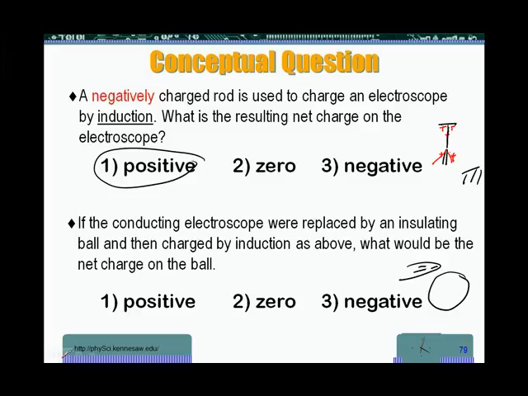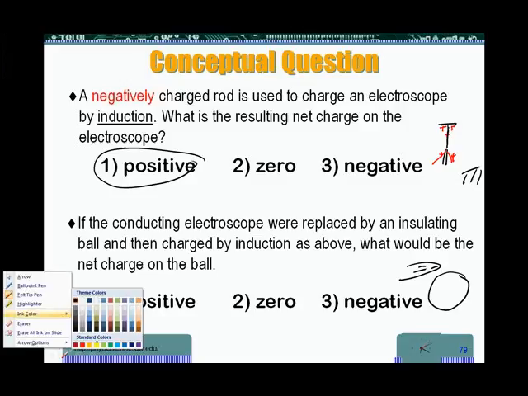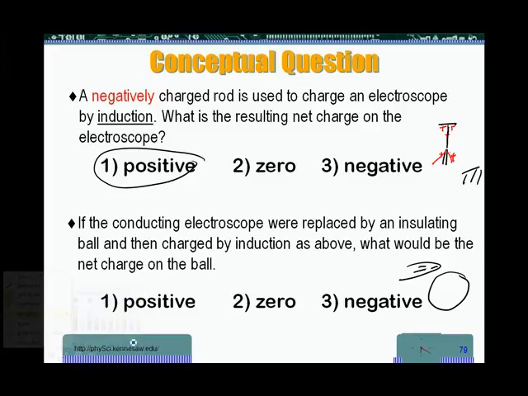So what's going to happen if I have an insulating ball? Now, if that's negative, what I'm going to get is, it's going to be difficult to do it with colors, but I'll try to do it anyway. I don't have a good blue here, but these are the negative charges.